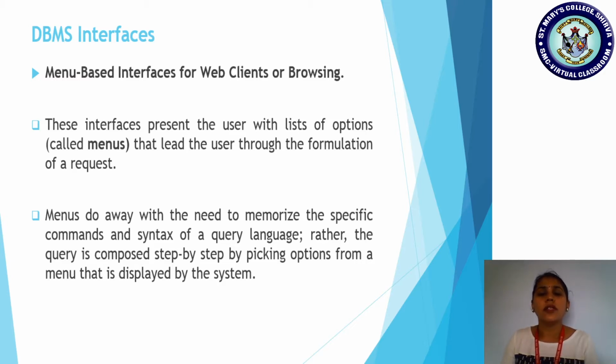So in the menu bar we will be finding many various menus that lead the user through the formulation of a request. With the help of that list of menus, selecting one of the options in the menu is one of the requests that is being sent to the server or to the computer.